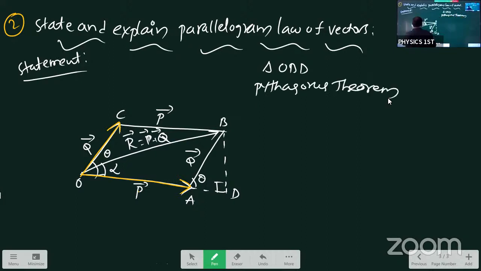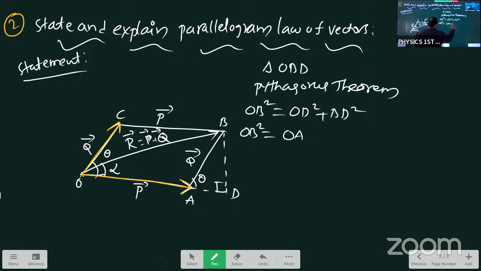So Pythagoras theorem means OB square equals OD square plus BD square. OB square equals OD, OA plus AD, whole square plus BD square.